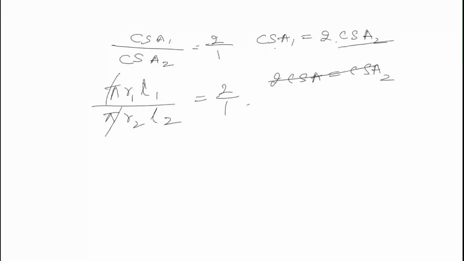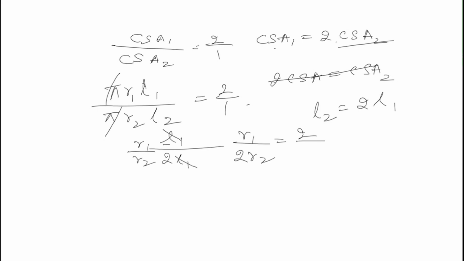Pi cancel. Then second one is 2 times first one. So L2 is 2 L1, L1 cancel. So R1 by 2R2 equal to 2 by 1. So 2 will go there. R1 by R2 is what? 4 by 1. That option is there or not?